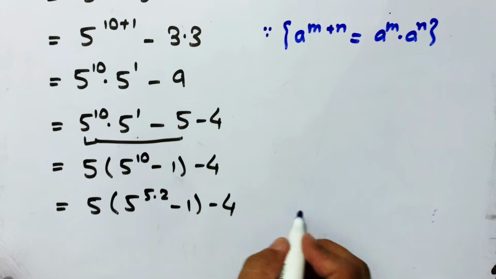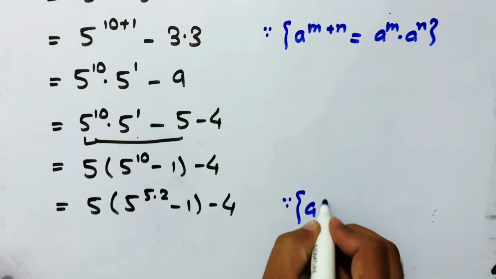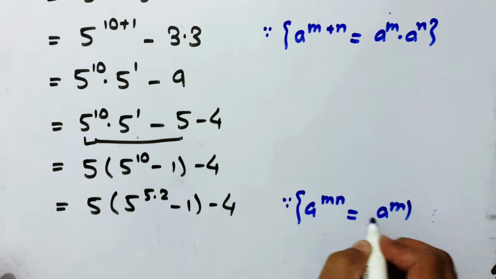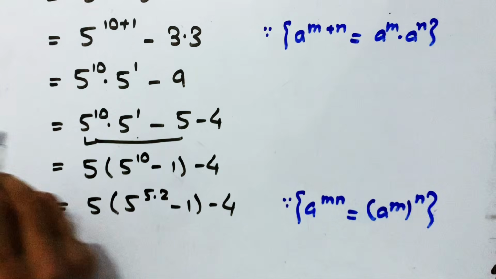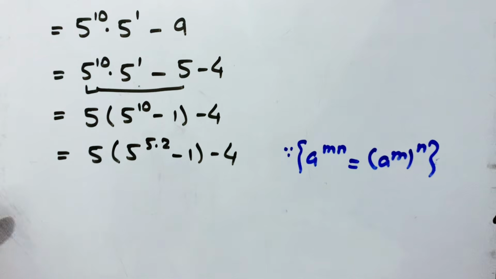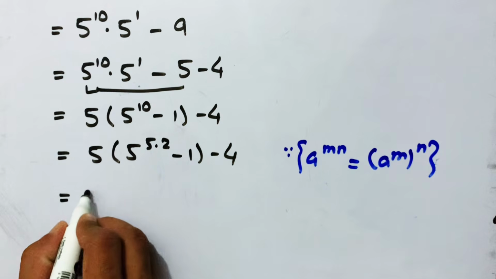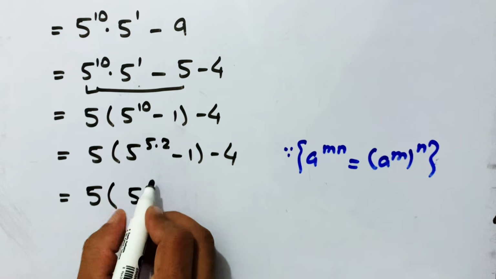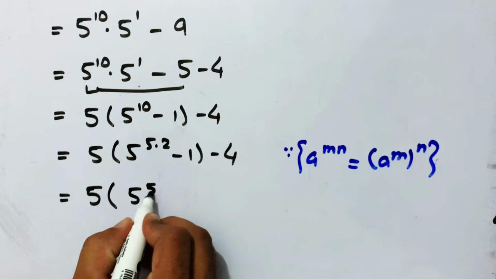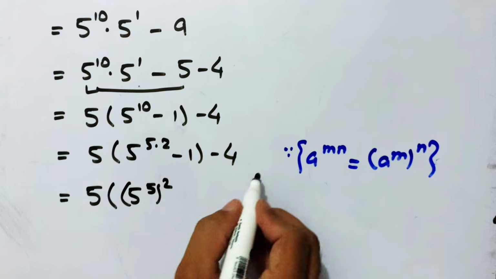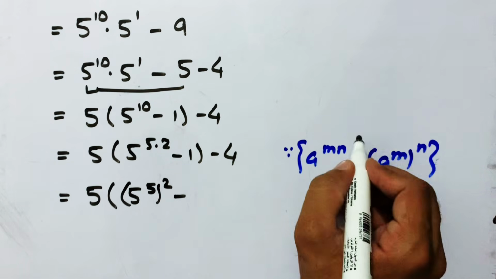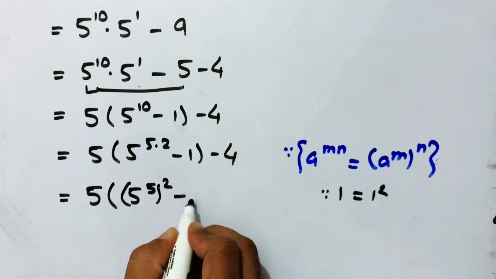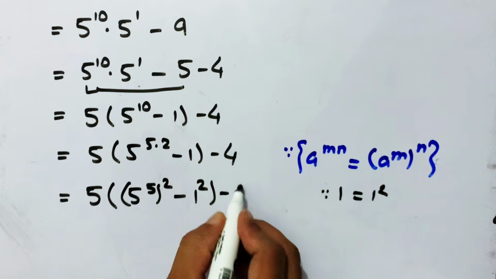If the power is multiplied, we have one power as a whole. So I apply this formula: 5 to the power of 5, whole squared, and 1 equals 1 squared, so I write 1 squared minus 4.